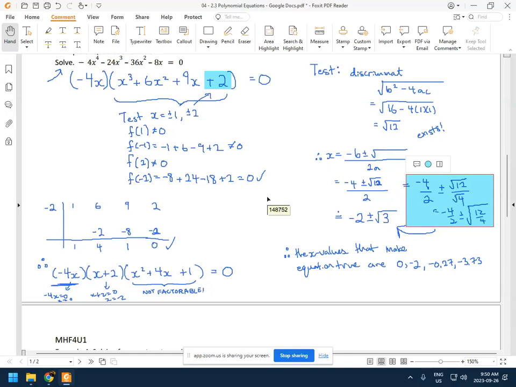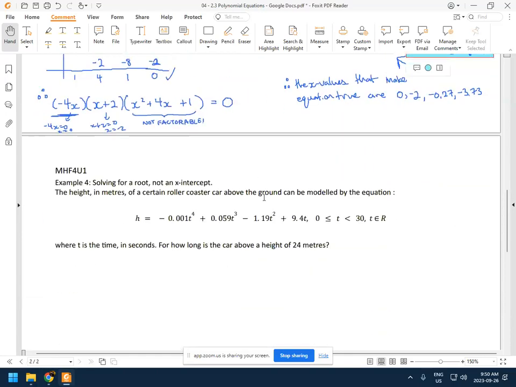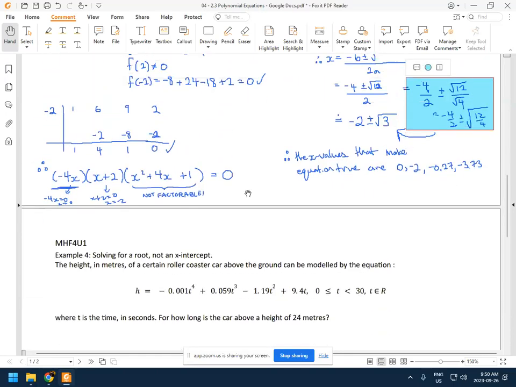Okay. I'm going to try to chunk it and give you an opportunity to try this super hard one on your own. Turn the page. I give you an equation for a height of a roller coaster. Okay, some of you might be copying. Height of a roller coaster.